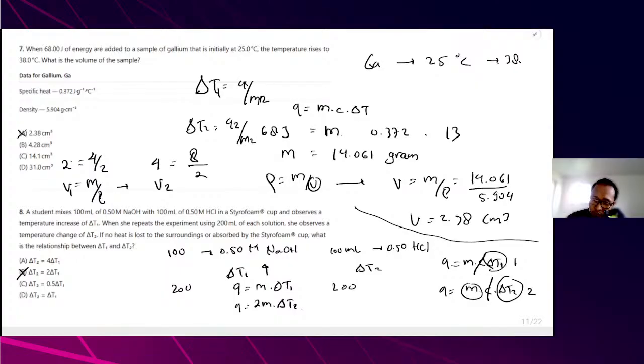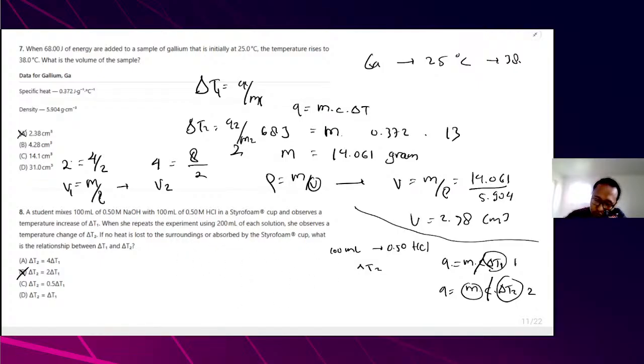So this is m1. If you're doubling this part, m, what's happening to delta T? I just want to put it over here, based on this correlation: Q1 over m1, and Q2 over m2.